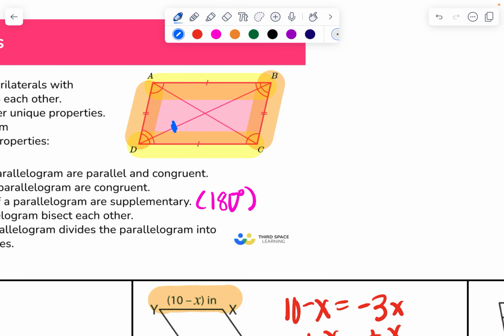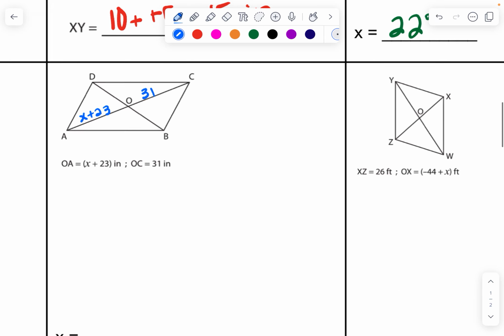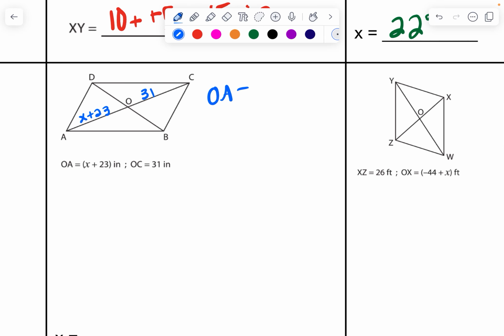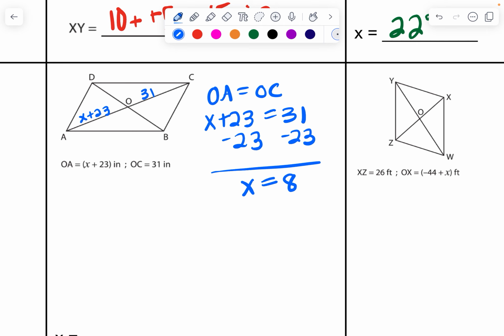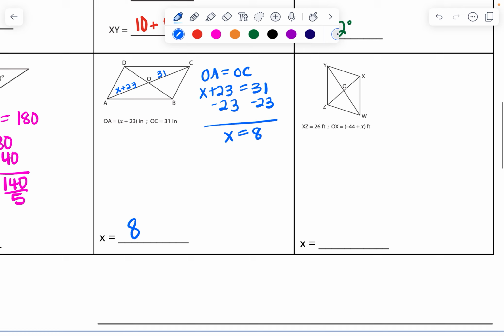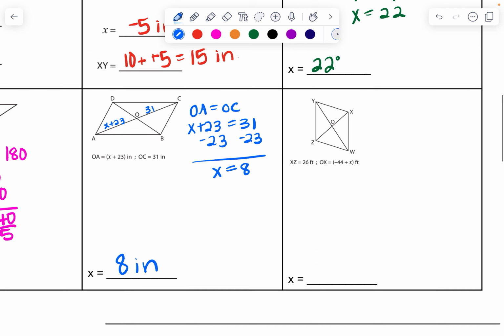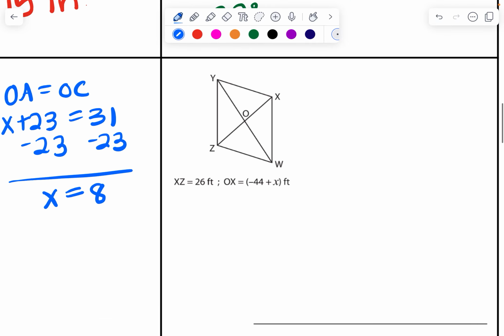That means that these two parts are equal and these two parts are equal. So here I know that OA equals OC. So x plus 23 equals 31. Taking 23 from both sides, I would get x is 8. So 8 inches.